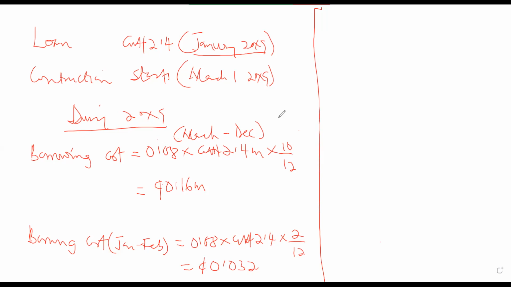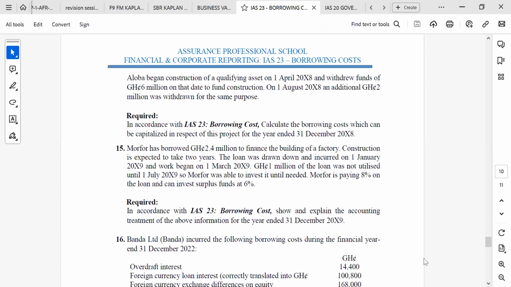Okay. The question now is, had the company used all the 2.4 million on the project? No, sir. They haven't used all of them, because 1 million was not utilized until 1st July 20X9.